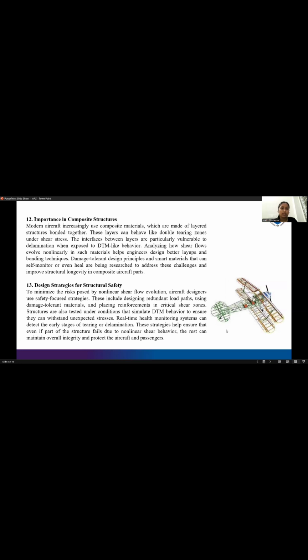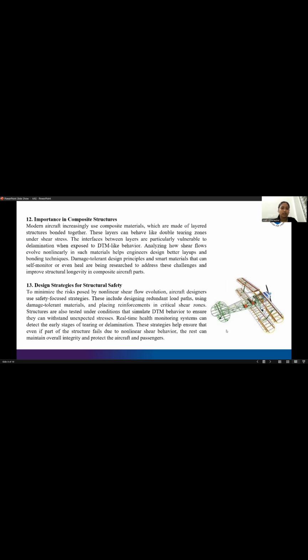Importance in composite structures. Modern aircraft use composite materials, which are made of layered structures bonded together. These layers can behave like double tearing zones under shear stress. The interface between layers is particularly vulnerable to delamination when exposed to DTM-like behavior.